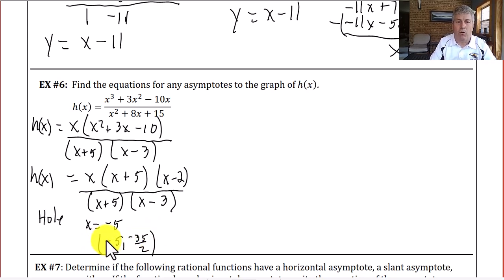So that's where our hole is. We have x minus 3 in the denominator, so we have a vertical asymptote at x equals 3. So we got one of our asymptotes. But now we still need the slant asymptote.